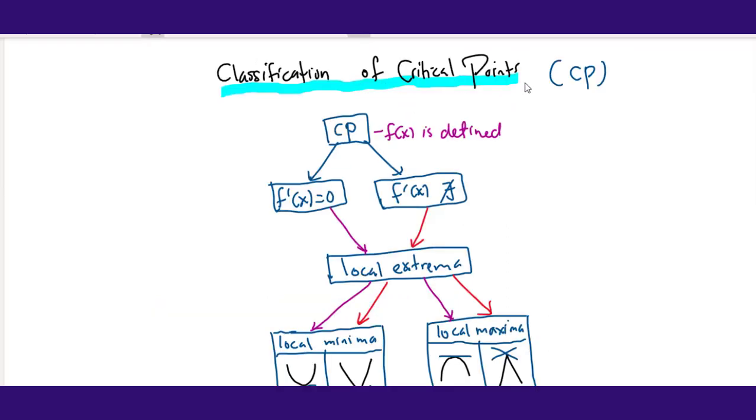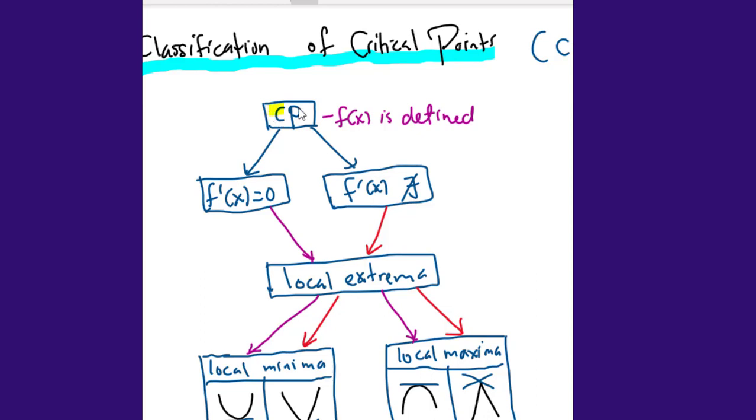Classification of critical points. For a critical point, the function f(x) is defined, and it consists of two parts. The first is when f prime of x is equal to 0. This critical point is also called a stationary point. A stationary point has a local extremum.